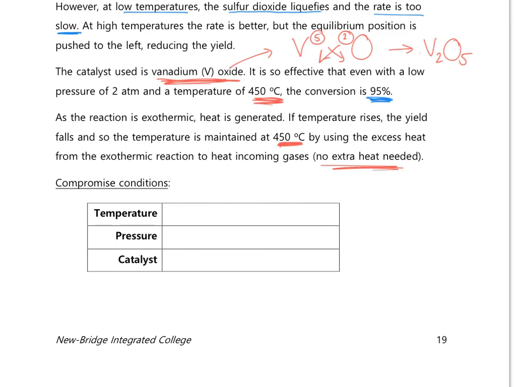With temperature, you're thinking again about this compromise between yield and rate. So the yield would dictate that you should do it at a low temperature. The rate would dictate that you need to do it at a high temperature.